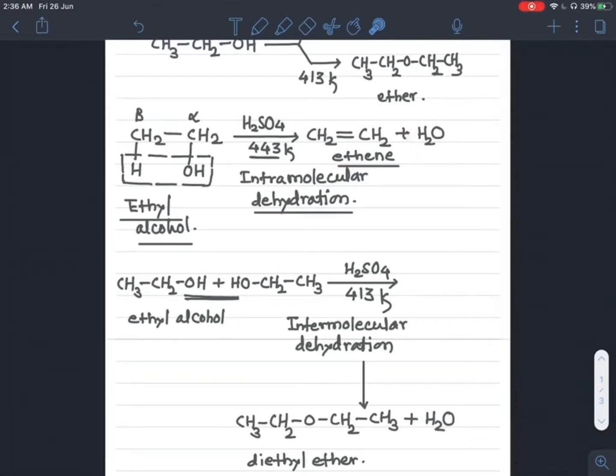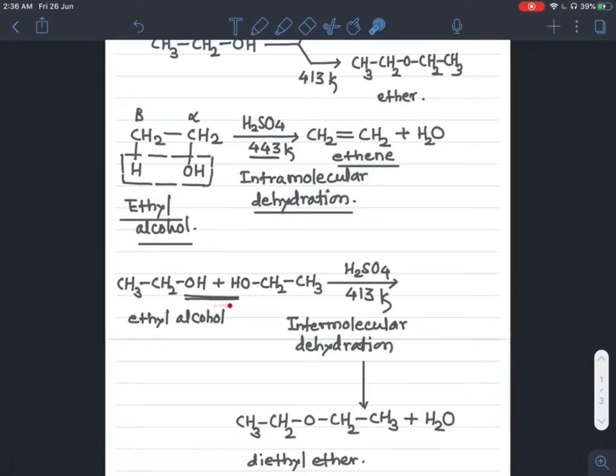But this removal of water takes place from only one molecule of ethyl alcohol. That's why this dehydration is intramolecular, from only one molecule. At 443 Kelvin, dehydration takes place. It is an elimination reaction, that is removal of H2O from only one molecule.